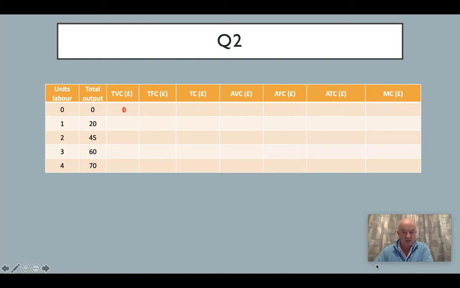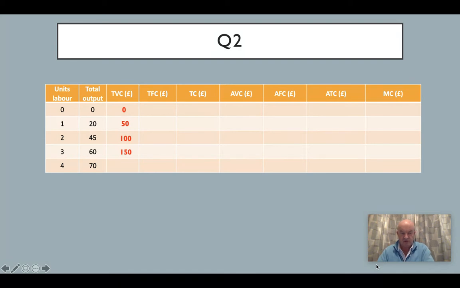Okay, so in this instance then, total variable cost at 0 units of output and 0 units of labour is 0. But then we've got a total variable cost in this instance of adding an extra unit of labour, so that's £50. And we add another one, that's essentially £100.